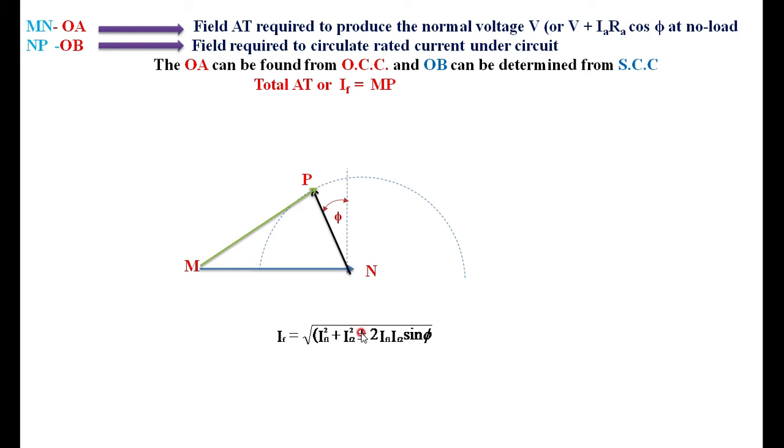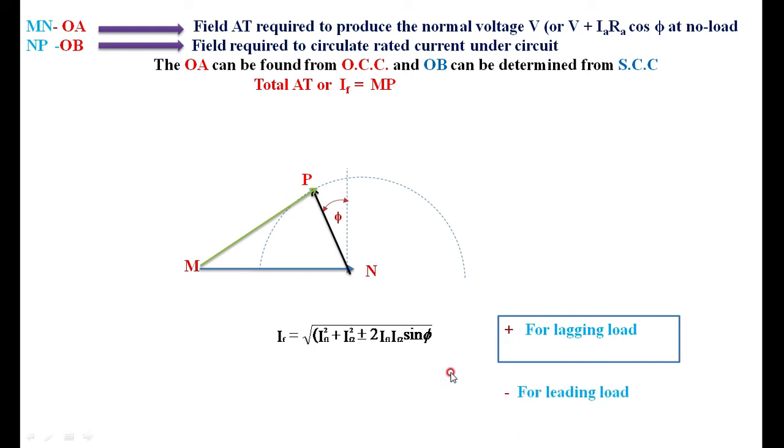Here the plus sign you have to take when the load is lagging, and the minus sign when the power factor is leading. Okay, the same thing is written here. Plus for the lagging load, and minus for a leading load.